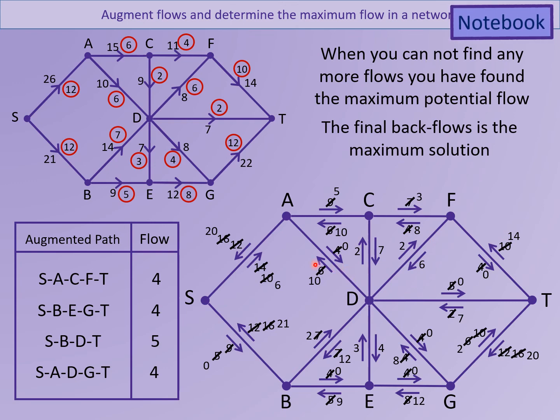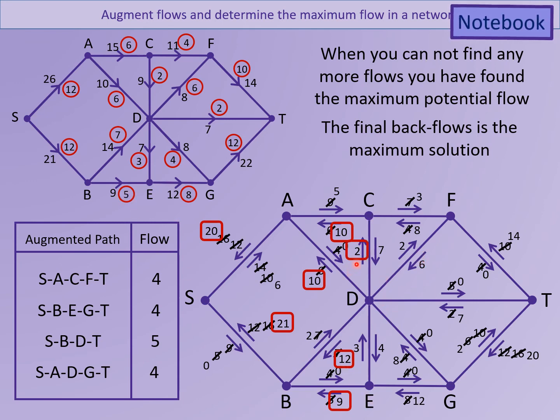We want to find the final backflow arrow values. So that's the 20. That would be the 21. That would be, just keep an eye on the direction, that would be the 10. All right, that one there, sorry. And that one there is 10. We've also got this one here, which is our 12. This one here, which would be our 9, because that's flowing in the opposite direction to that one. And you can go through and get each one.